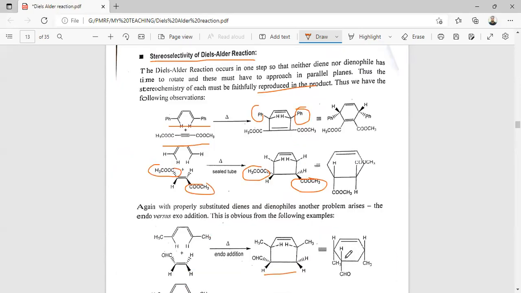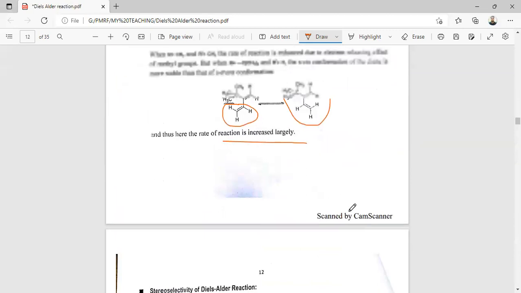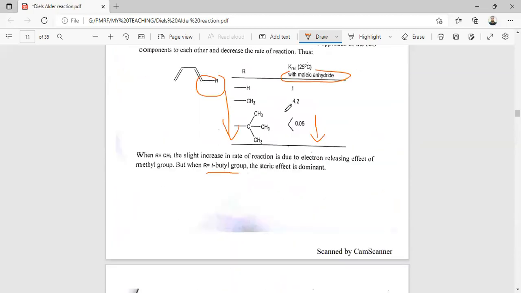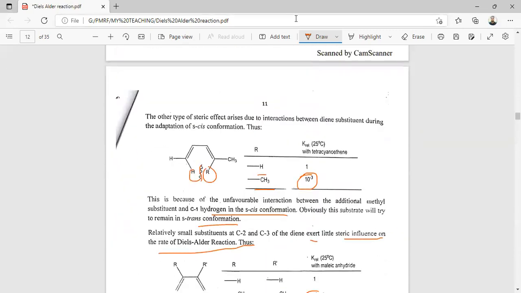And also, in the case of stereoselectivity, in the Diels Alder reaction the stereochemistry of each molecule is reproduced in the product. So thank you everyone.